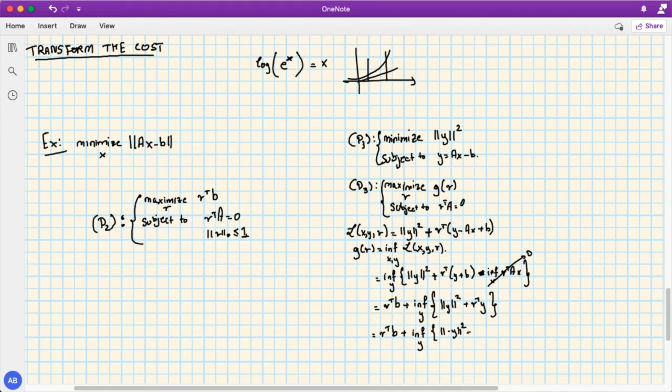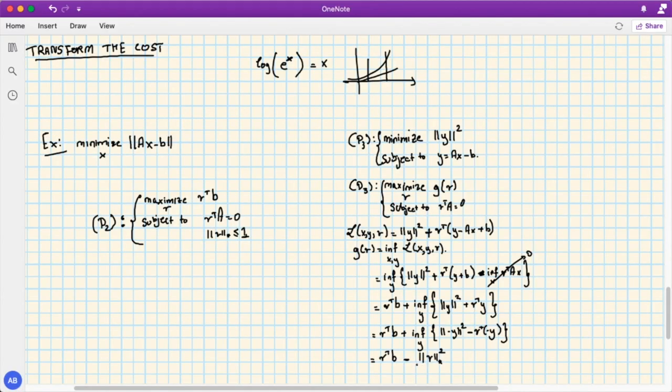And over here I say a minus nu transpose multiplied by minus y. So now this looks like the conjugate function, so we get nu transpose b minus, so that this thing becomes a supremum, and we get the conjugate function on nu, squared, right?